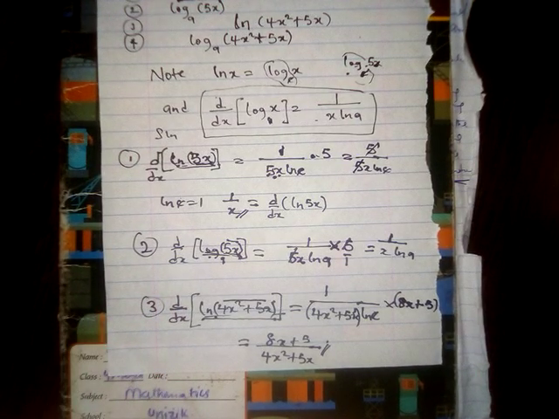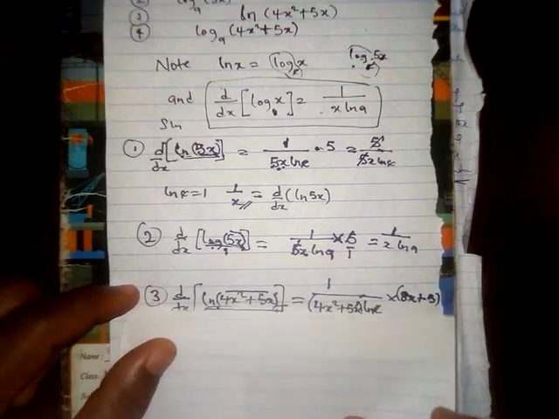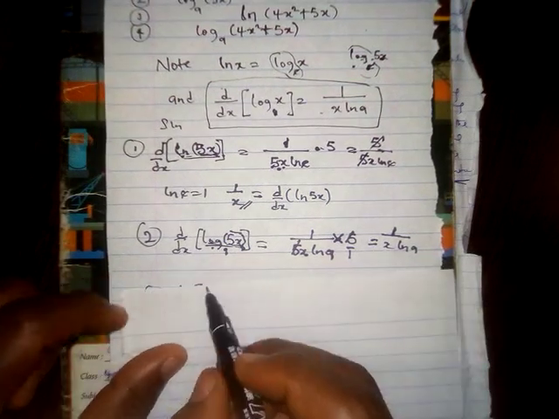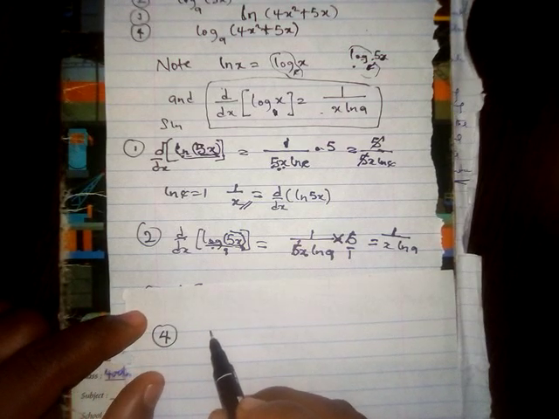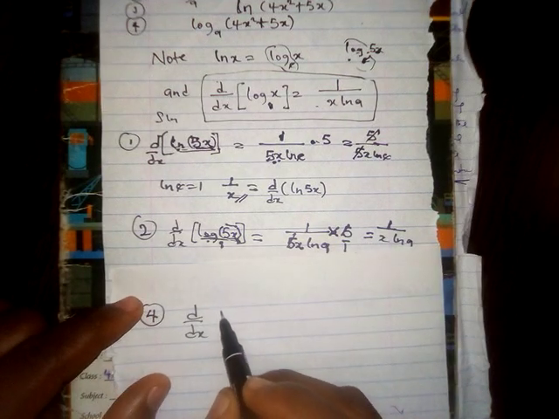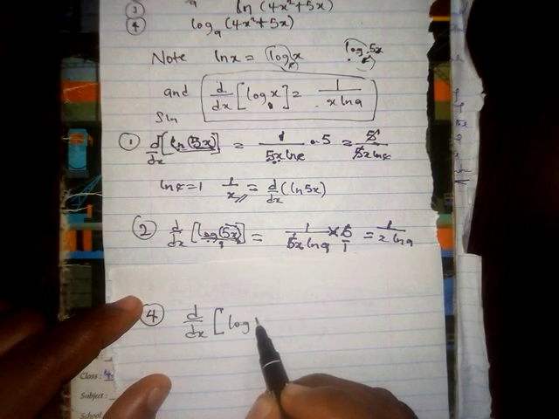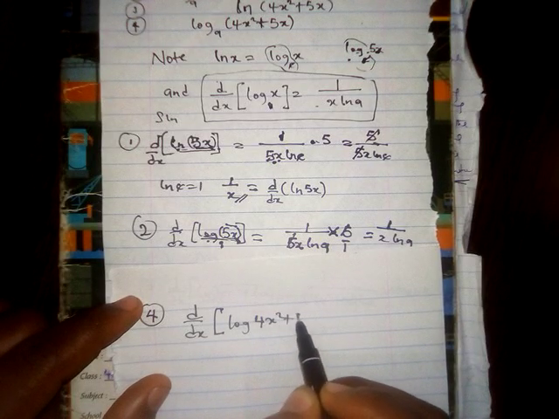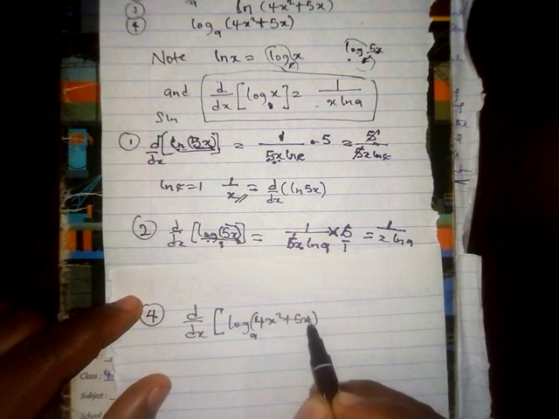And lastly, number 4. We want to differentiate the fourth question. So we have d over dx of the log of 4x squared plus 5x, with an arbitrary base. It can be any value.